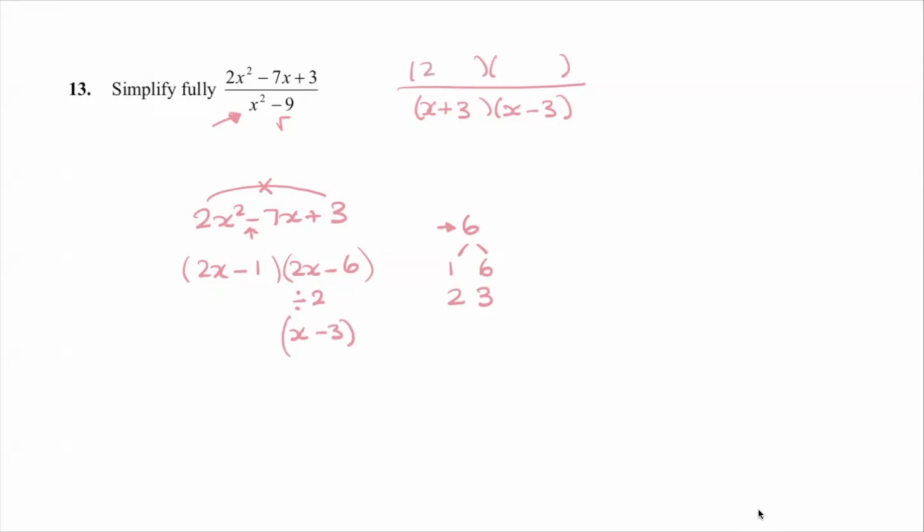So I've got 2x minus 1 and x minus 3. My x minus 3's will cancel out to give a final answer of 2x minus 1 over x plus 3. You can leave it like that. You can put the brackets in. It makes no difference. That is your final answer.